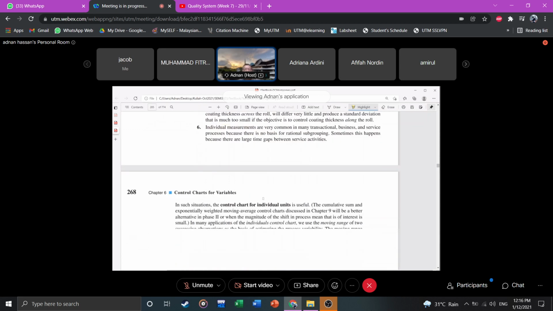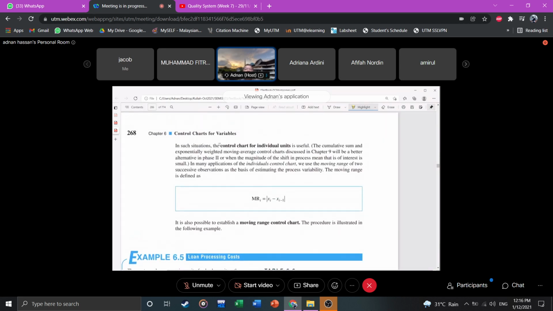So how do we do this? Control chart for individual units. What we use is what we call the individual control chart.